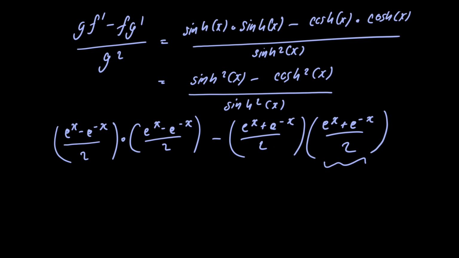So this is just the exponential representation of hyperbolic cosine of x, and this is just the exponential representation of hyperbolic sine of x. Notice we have a 2 times 2 here and a 2 times 2 here, so we can factor out a 1 over 4.